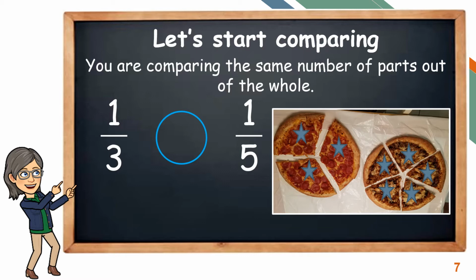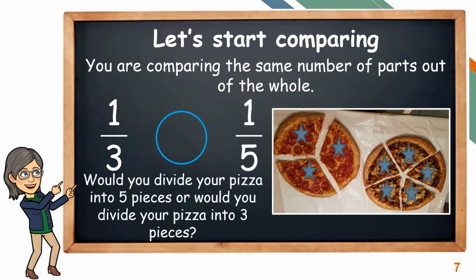Now my question for you is, think, how would you cut your pizza to get a bigger slice to eat? Would you divide your pizza into 5 pieces, or would you divide your pizza into 3 pieces?